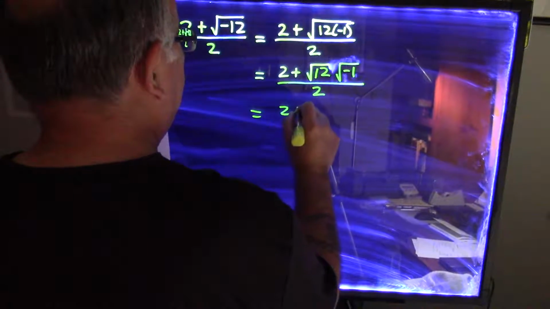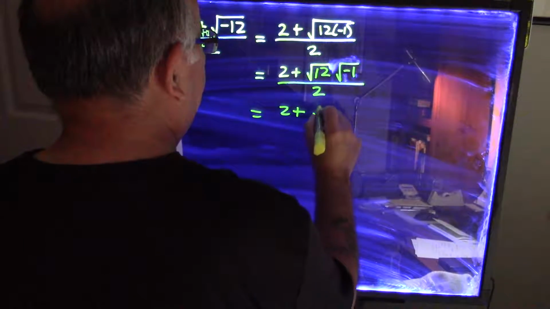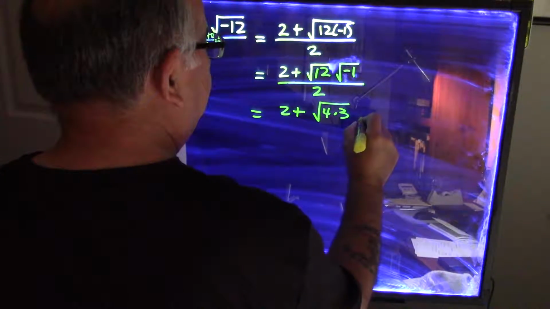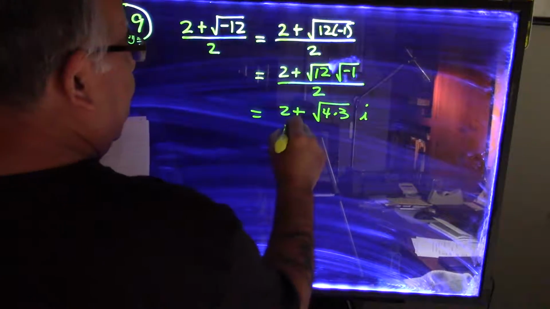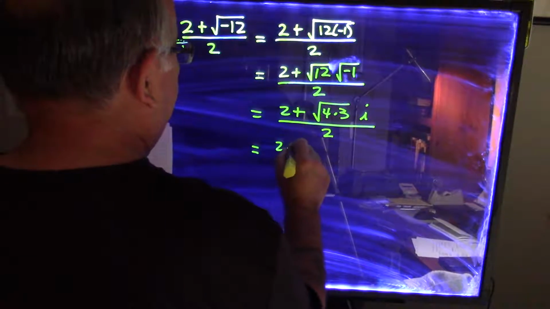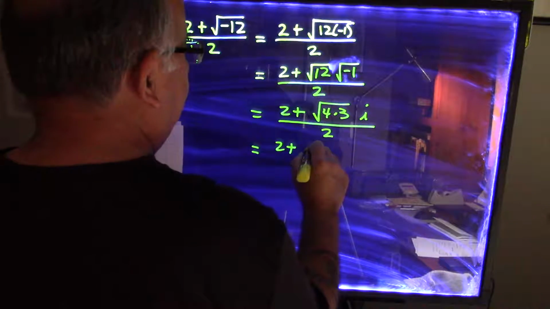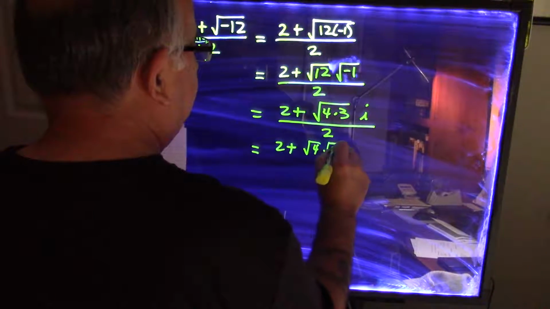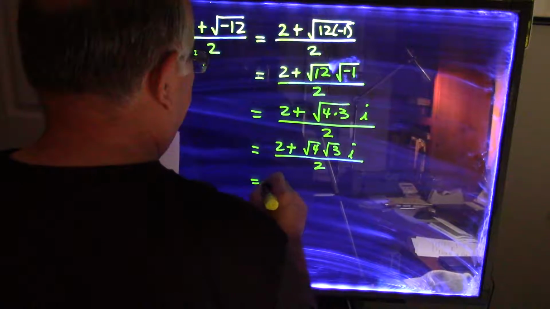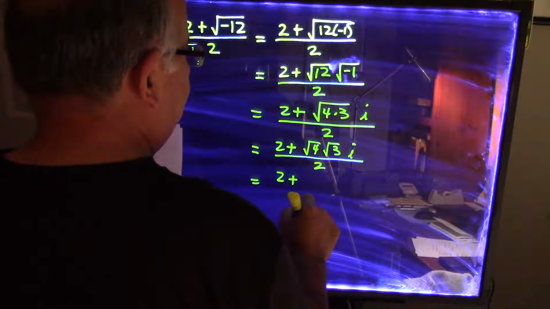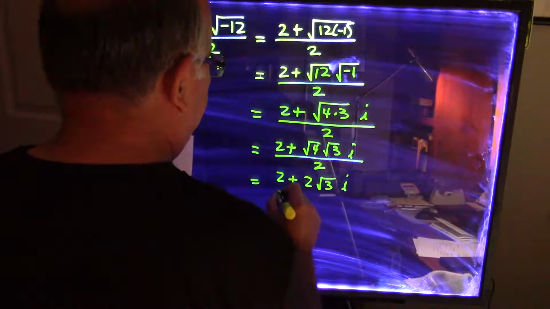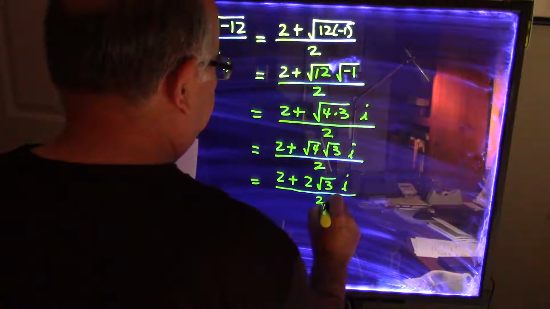And so that's 2 plus square root of 12 is square root of 4 times 3. And this square root of negative 1 is i. And so that's all over 2. And that's 2 plus square root of 4 times square root of 3 times i all over 2. And that's 2 plus, this is 2, square root of 4 is 2, square root of 3, i, over 2.